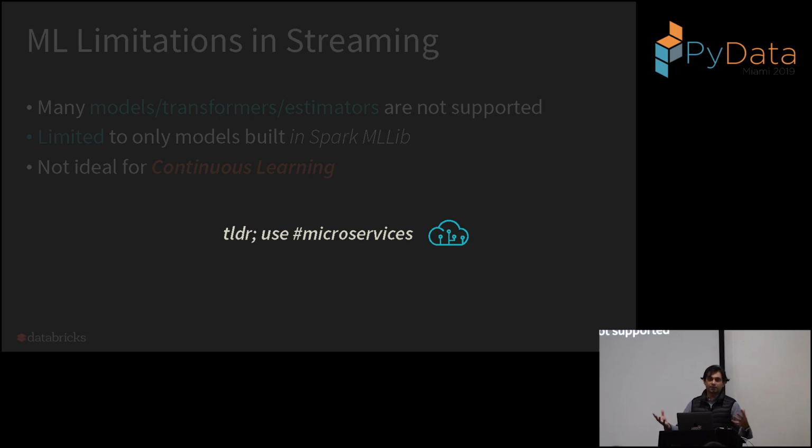It's not ideal for continuous learning, so if you're constantly updating and enriching your model, you have to bring the stream down, then update the model, and then take the stream back up. So it's not really a very graceful solution for streaming data. The ideal solution in that case is to use microservices, and I'll show you that in the demo.